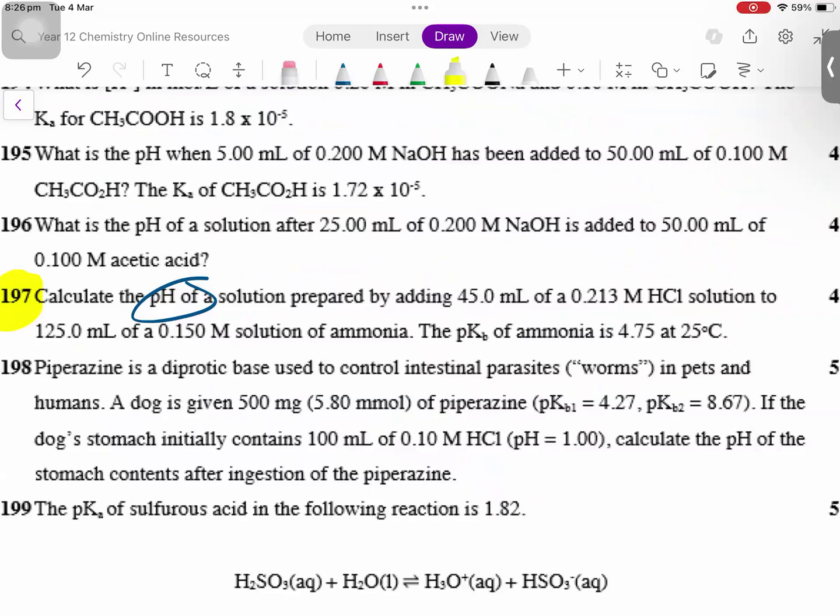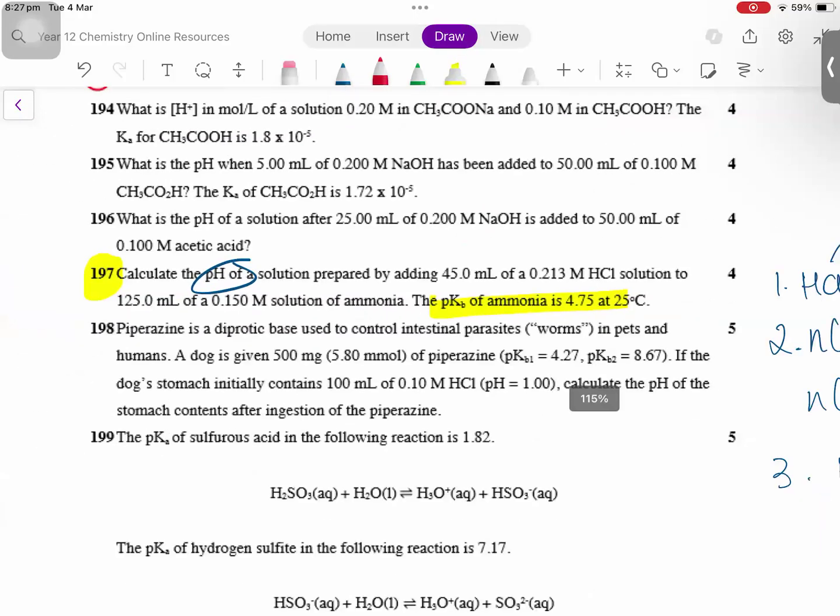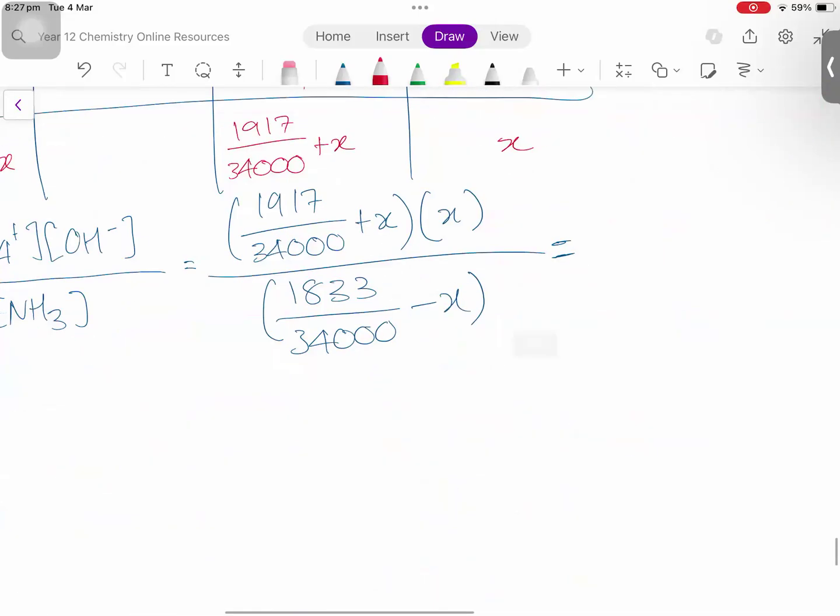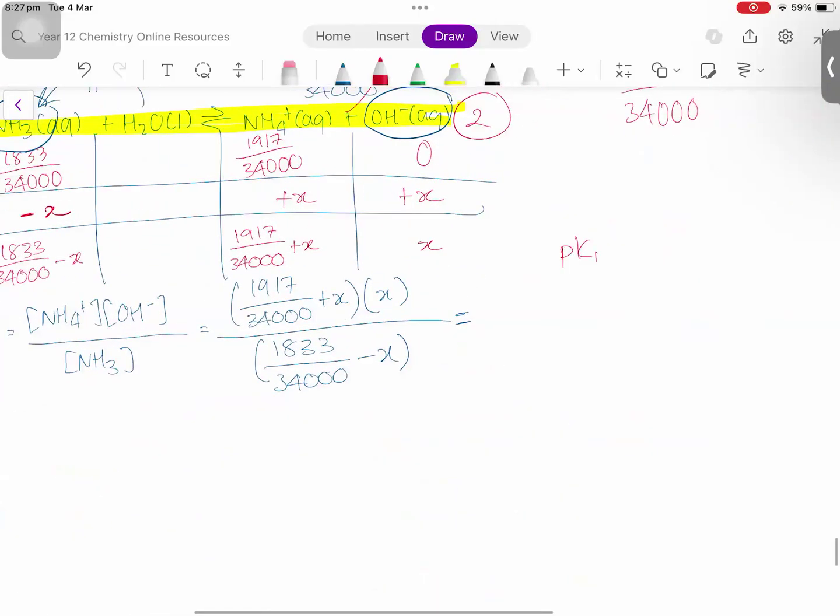Question 197 is what we're doing. They haven't given me Kb, but they've given me pKb. So let's make a note of that. pKb was 4.75, but I want Kb, guys.